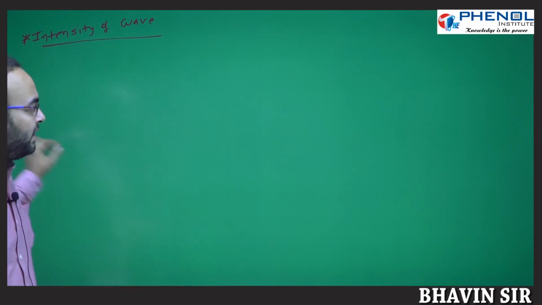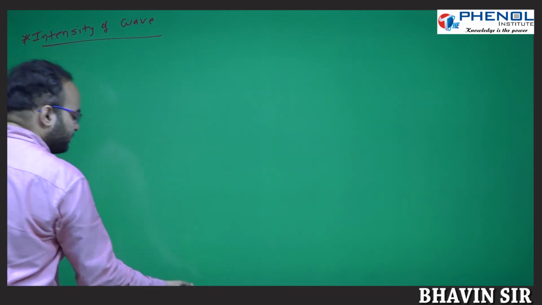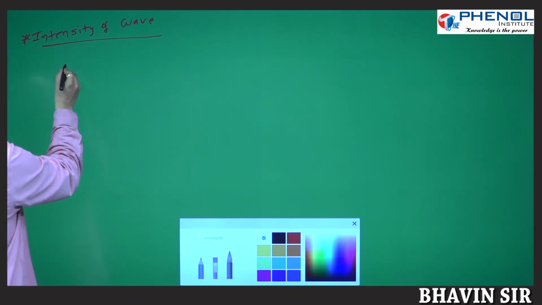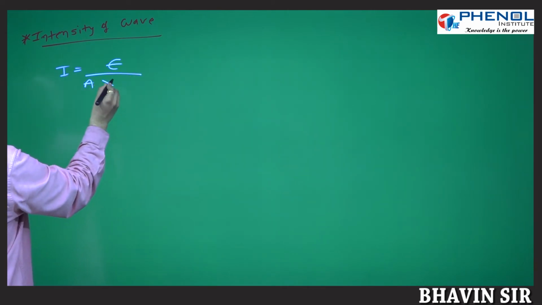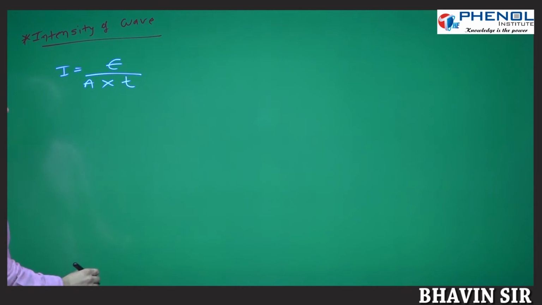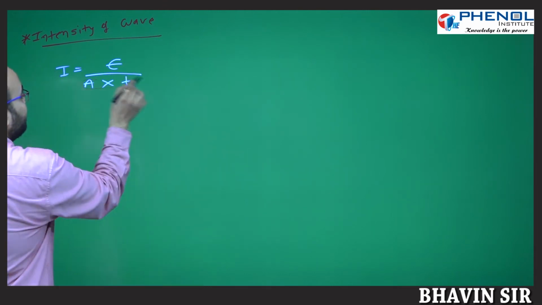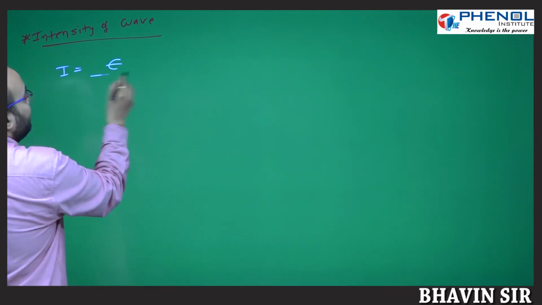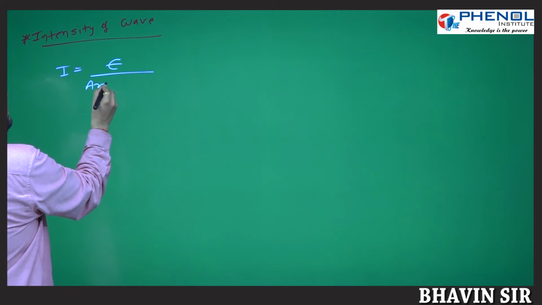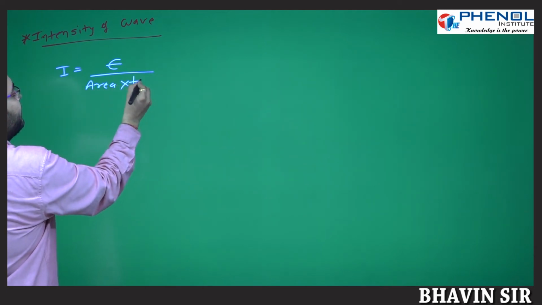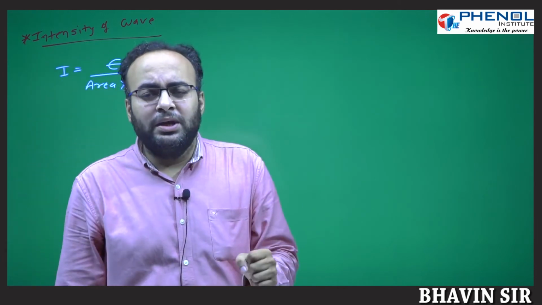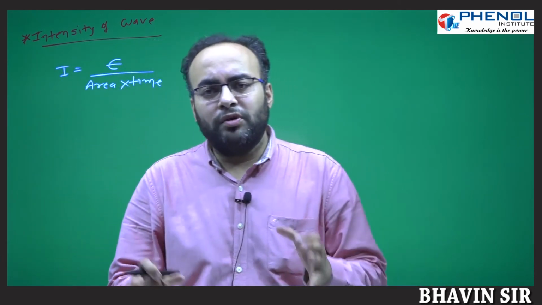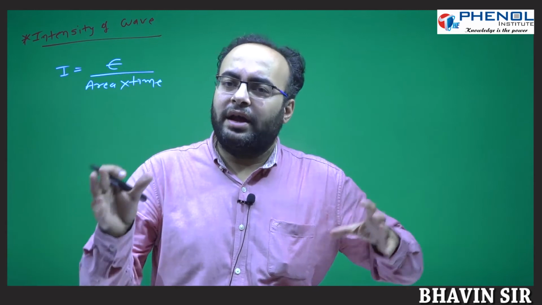So what is the meaning of intensity? Intensity of wave is energy incident on a unit area in unit time interval, that is E by AT. So students, see, we want to obtain intensity.